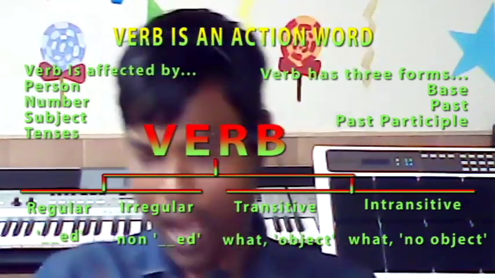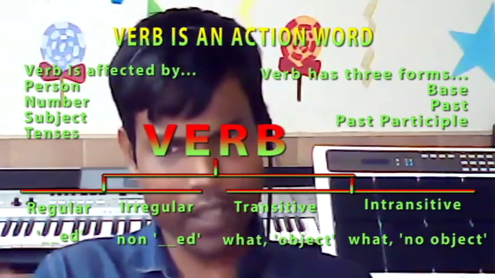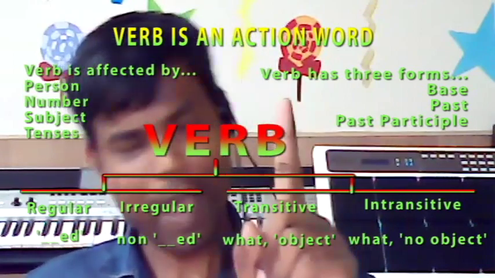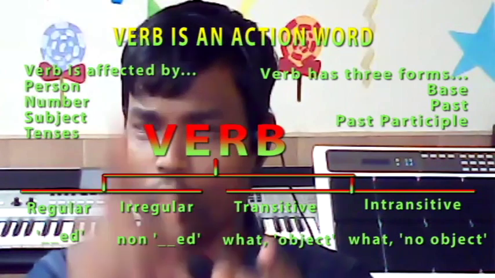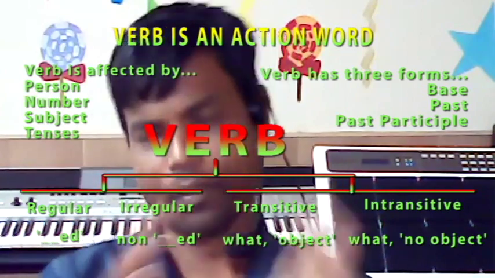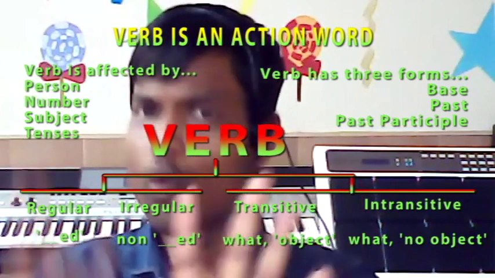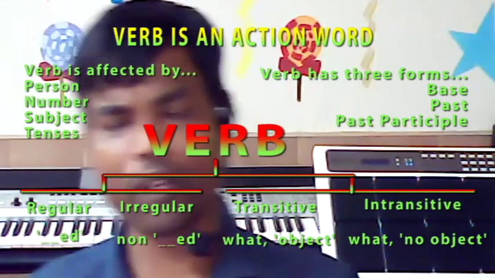And then straight away we entered into kinds of verbs, and we have studied two groups. First group, we have seen regular and irregular verbs. A regular verb has simple ed, remember that. One which does not have ed is an irregular verb.